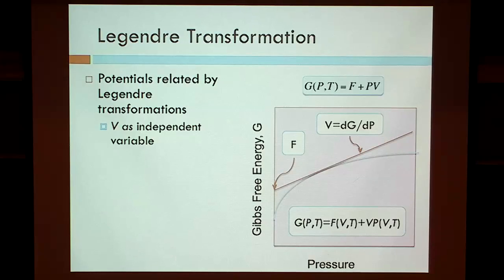Okay, let me ask the seismologists in the room. We've got this curve here, and we've got a family of tangents to it. Does that remind you of anything? Tau P. Tau P analysis of travel time curves, right? It's the same basic idea. They can both have triplications. A triplication in here is a critical point.